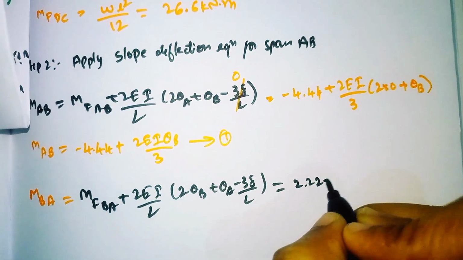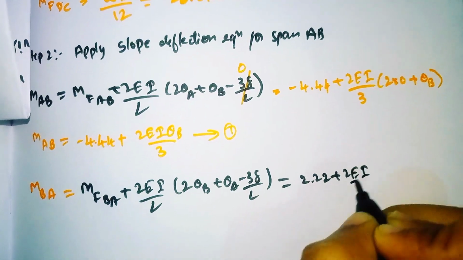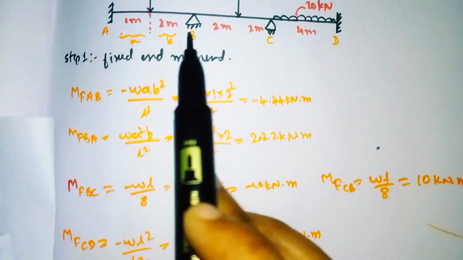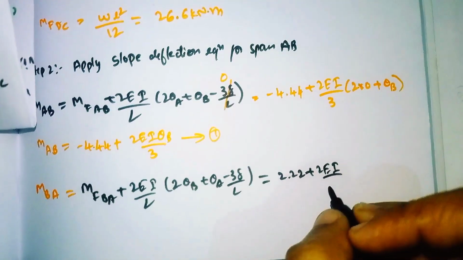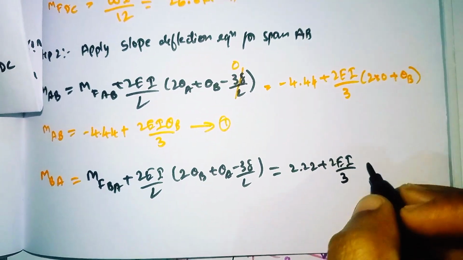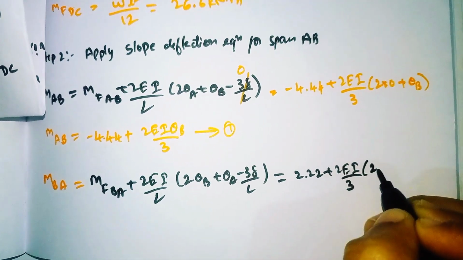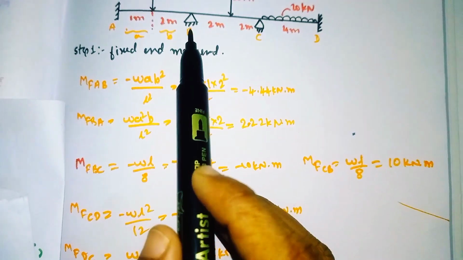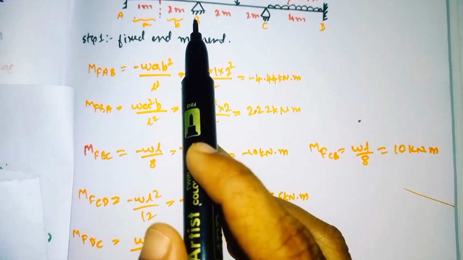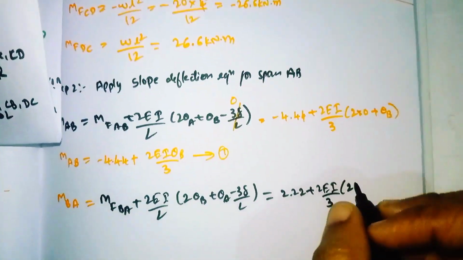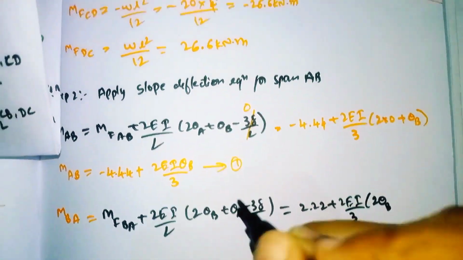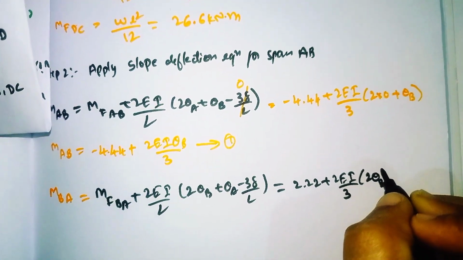So substitute that value: 2.22 plus 2 EI, constant, divided by span BA, which is 3 meter. 2 into theta B: at point B is the hinged support, it means it has some value, so keep it as theta B. Theta A is the fixed end, so the value is 0.